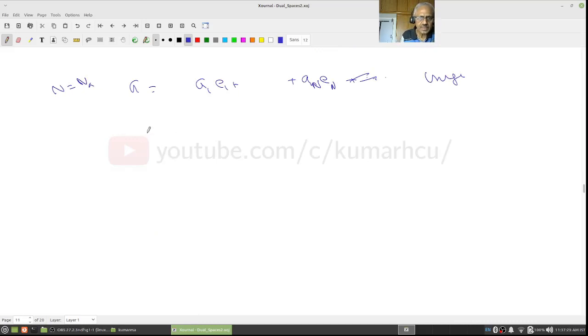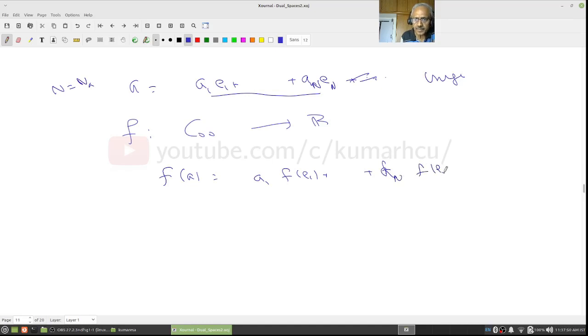Right? Now, let us look at f, a linear map from C00 to R. Then f of a will be, in this notation, a1 f of e1 plus up to a_N f of e_N. You understand that?